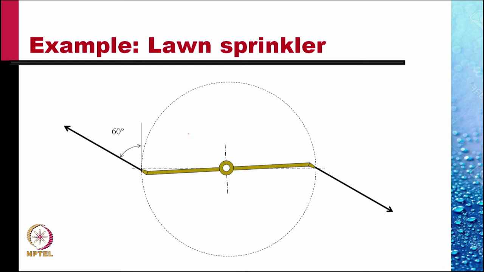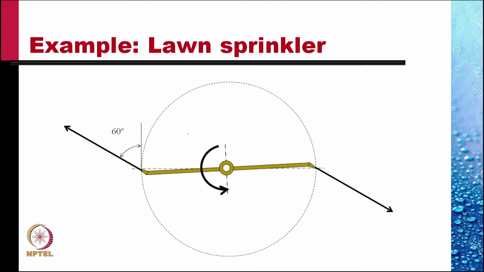We have to determine, if there is no friction, what is the rate at which the arm rotates. The equilibrium rate of rotation would be obtained when the net torque acting on these sprinkler arms would be 0. So we have to use the momentum equation to determine what should be the angular rate of rotation of these arms so that there is no net torque acting on this sprinkler.